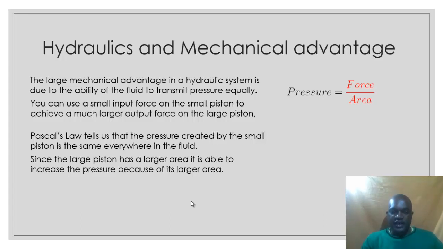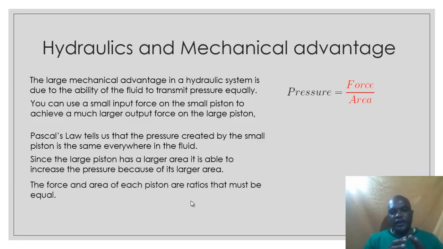The output cylinder. So the force and area of each piston determines the mechanical advantage we get from our hydraulic system. These also form ratios that must be equal.